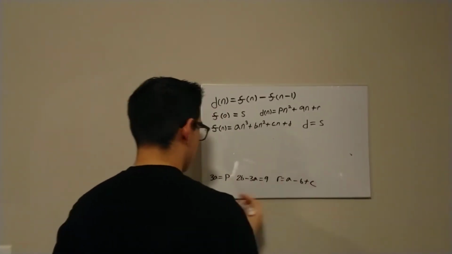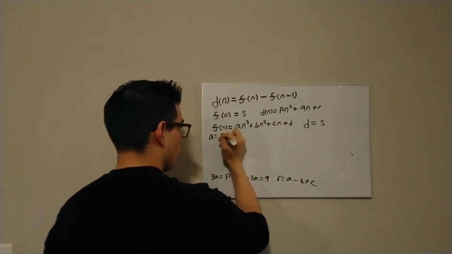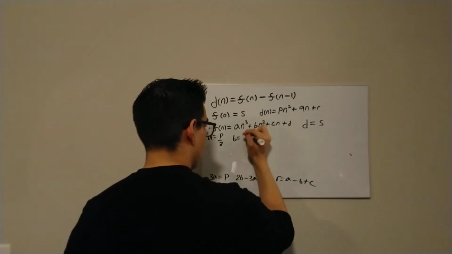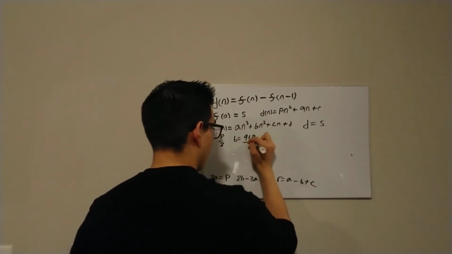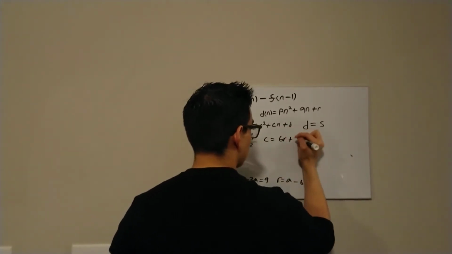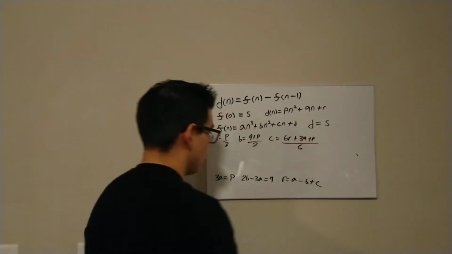Just doing some basic substitution in algebra, we know that a is equal to p over 3, b is equal to q plus p divided by 2, and then c is equal to 6r plus 3q plus p divided by 6.